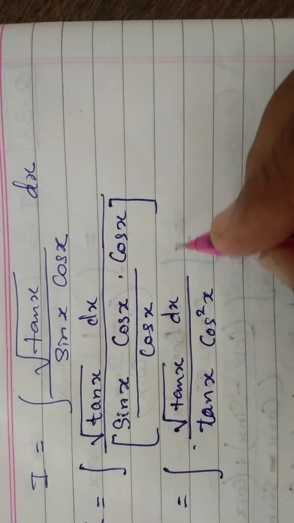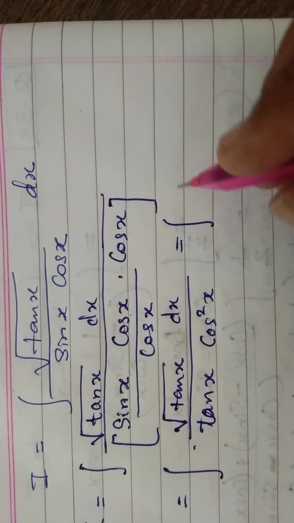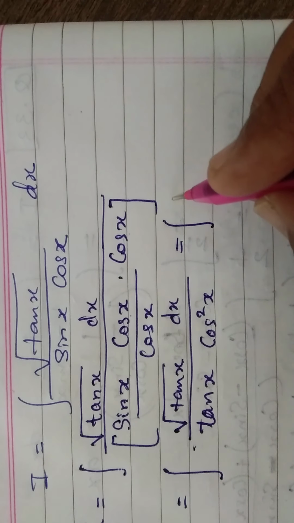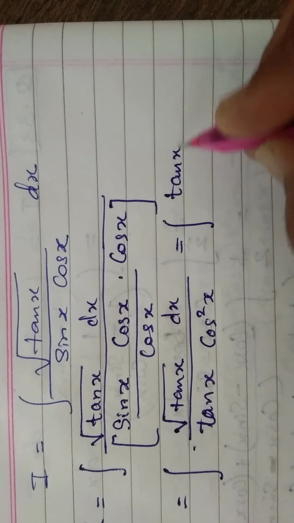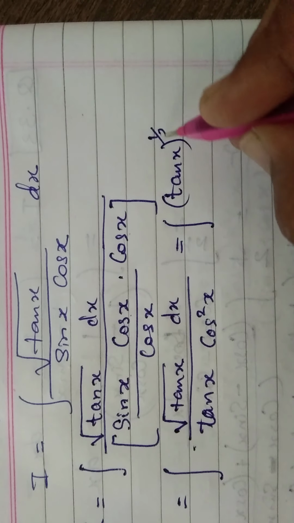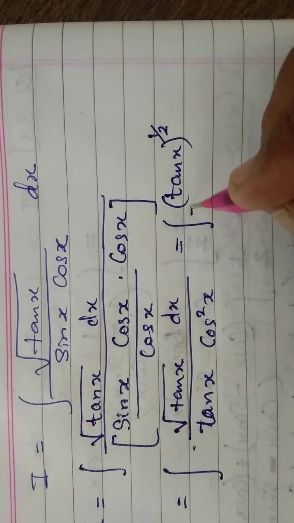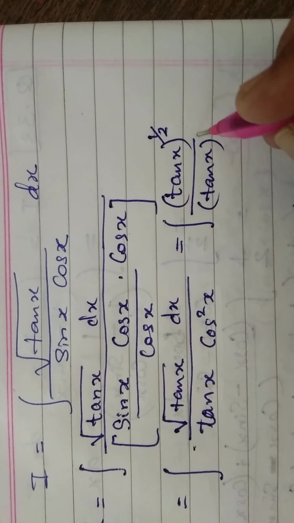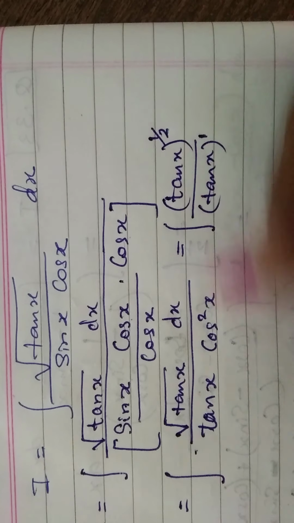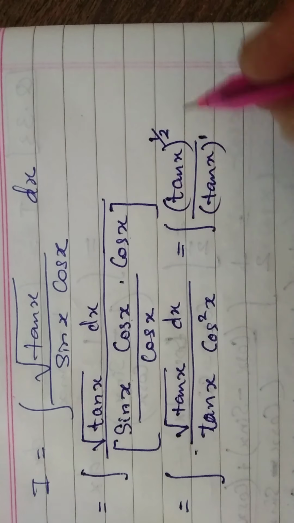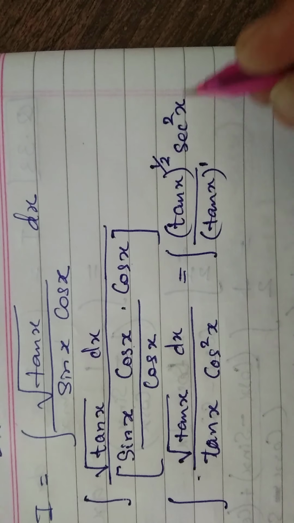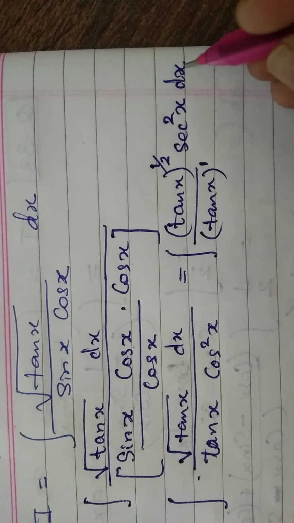In my next step, this under root of tan x means tan of x to the power half, and in the denominator I have tan of x, which means power is 1. Then 1 upon cos squared, I can write it as sec squared x and dx.